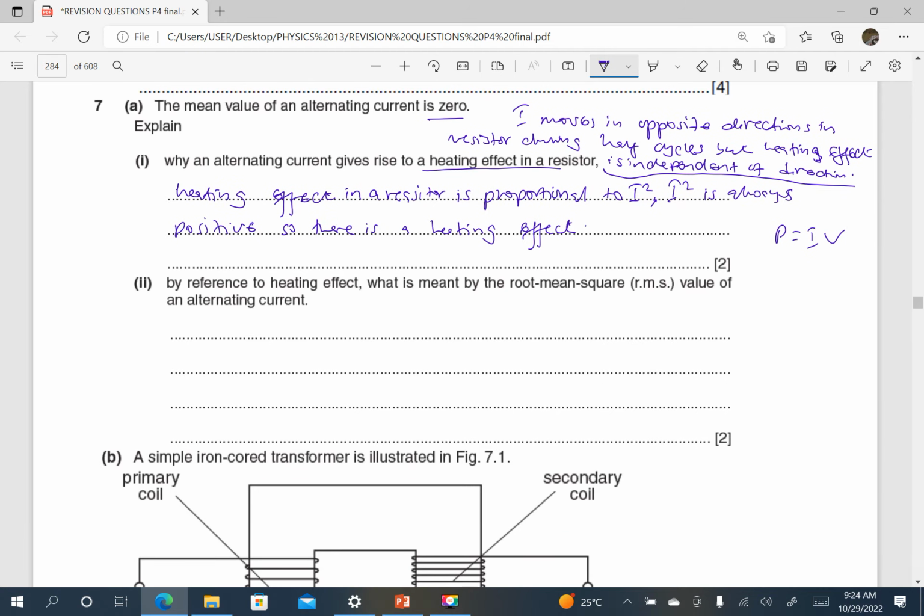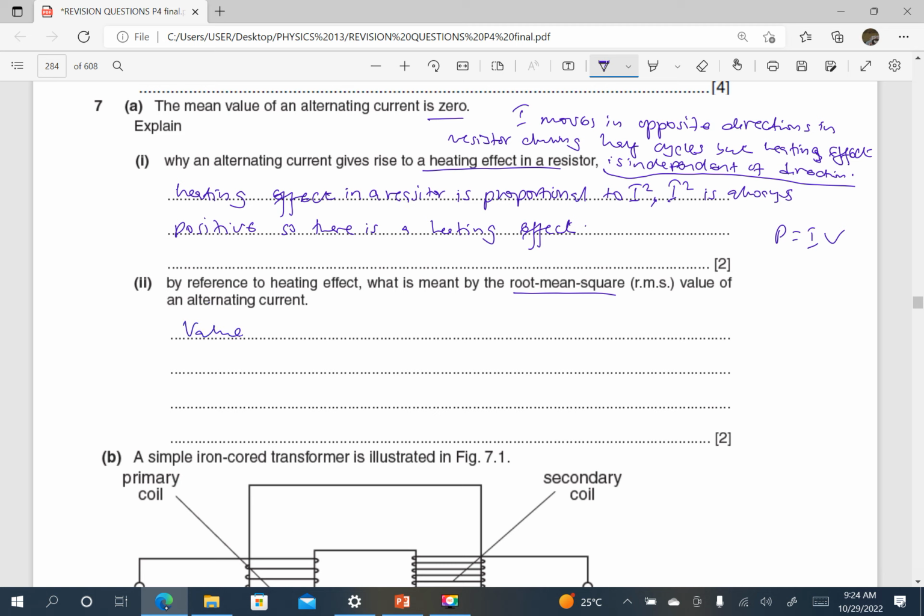By reference to heating effect, what is meant by root mean square value of alternating current? The value of DC producing the same heating effect in a resistor as AC in a resistor is what we call the root mean square value.